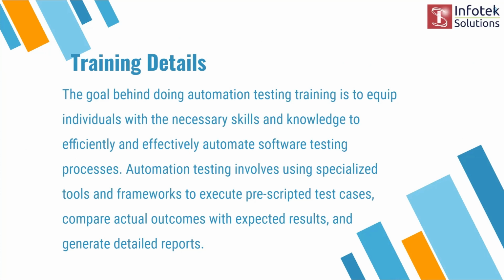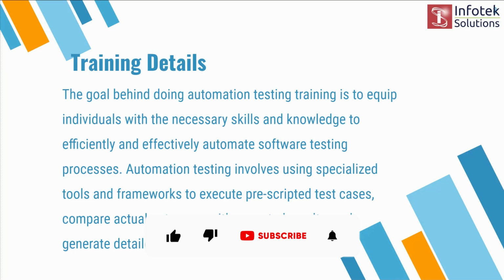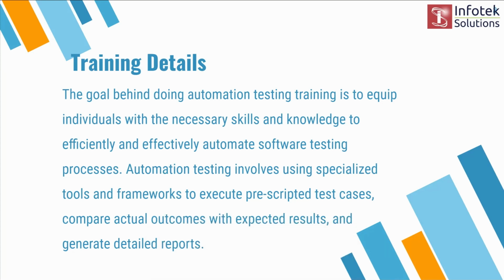Now, the training details: what exactly you'll get in this training. The goal behind doing automation testing training is to equip individuals with the necessary skills and knowledge to effectively and efficiently automate the software testing process. Automation testing involves using specified tools and frameworks to execute pre-scripted test cases, compare actual outcomes with expected results, and generate detailed reports.